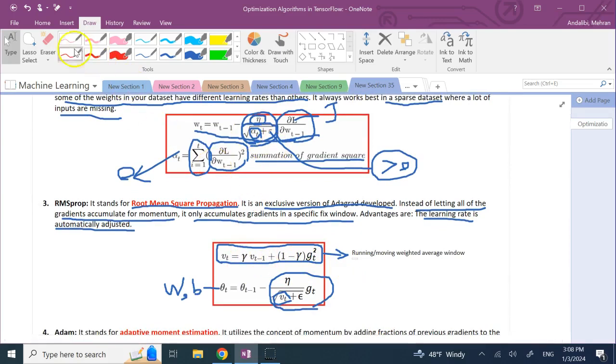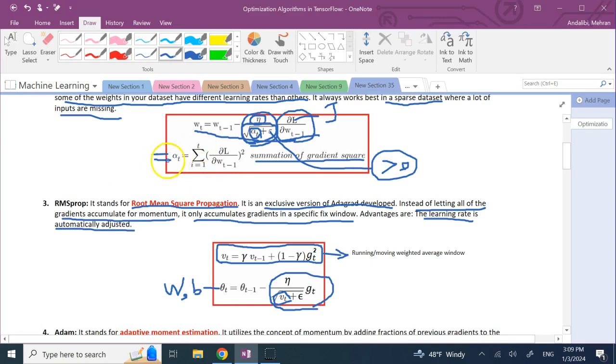Well, here, if you break down this alpha, it is like the summation of all of these gradients from the initial time to the current t.